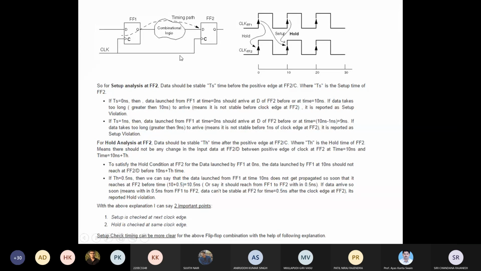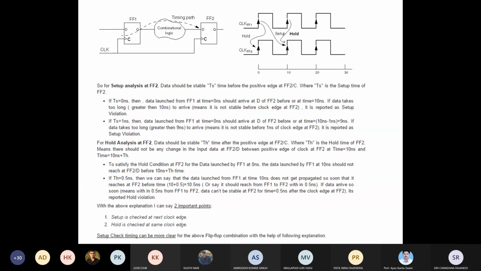Now for checking whether the setup time is met in FF2 or not, the data has traveled to at 10 time units. So to observe that your setup is not violated, you have to check that the data should reach before TS time of the 10 nanosecond at the FF2 flip flop.